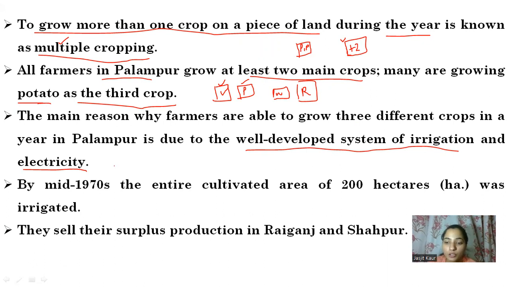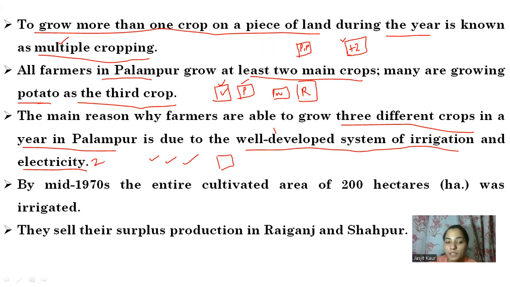Because of these two reasons, the farmers are able to grow three different crops in a year on one particular piece of land. The first reason is the well-developed irrigation system, and the second is the availability of electricity.